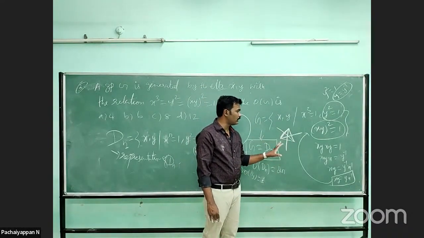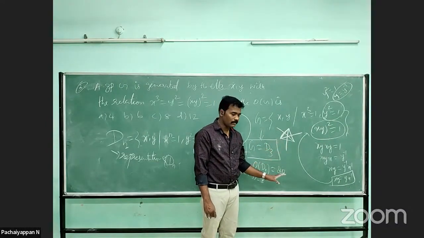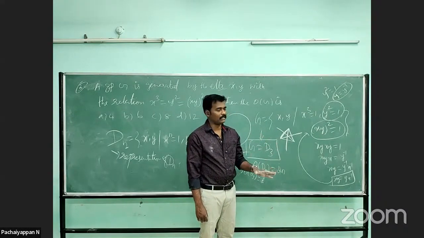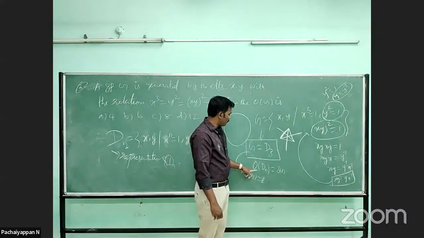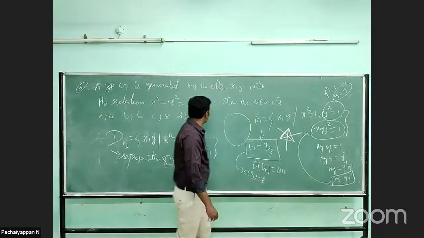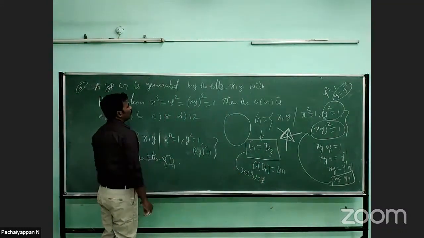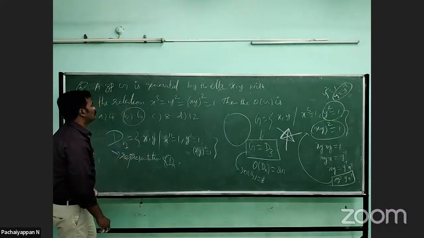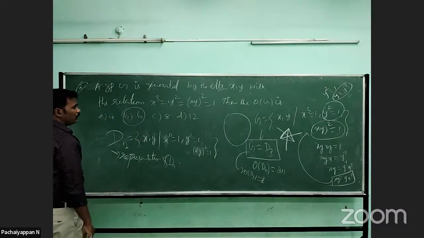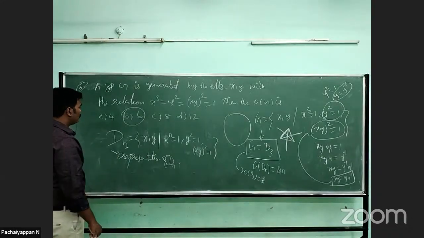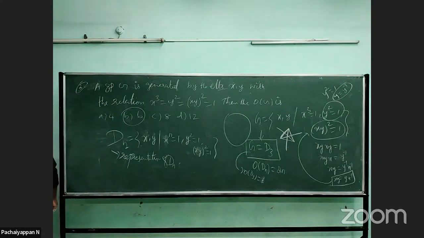So 3 reflections and 3 rotations form D3, totally 6 elements. So the cardinality of this is 6, and the answer is B only. D3 contains 6 elements.